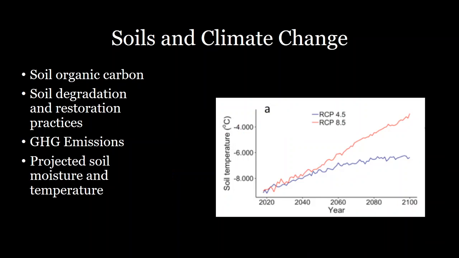Additionally, the soil temperature is expected to further increase. The difference between the business as usual scenario and the Paris Climate Agreement 2 degrees Celsius warming, which is the RCP 4.5 scenario, really starts to become prominent after 2060, where the temperature of permafrost soils is expected to be over 2 degrees warmer in a business as usual scenario.